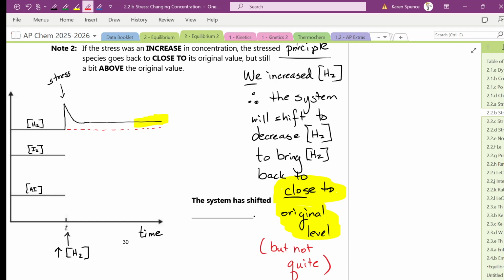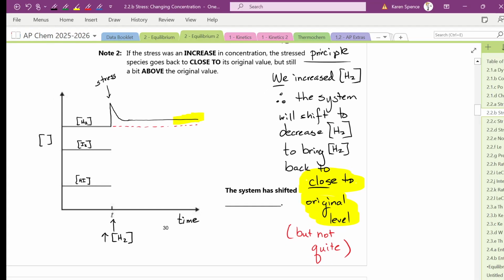Now, what's going to happen to the concentration of I2 as we shift to the right? I2 is going to decrease. By how much?